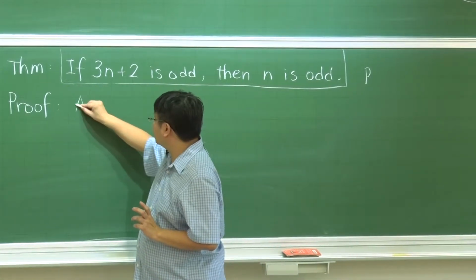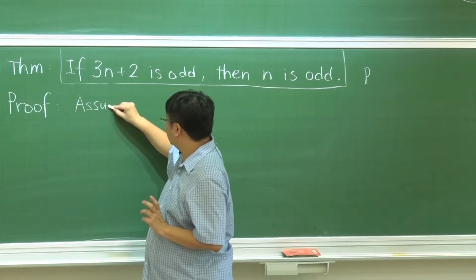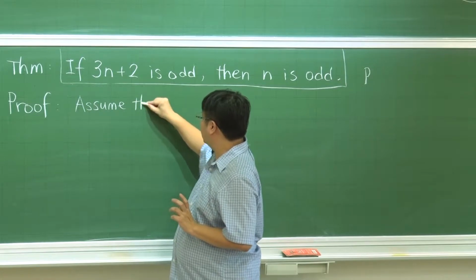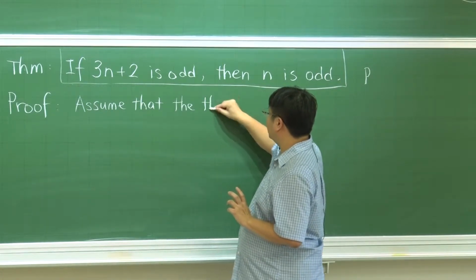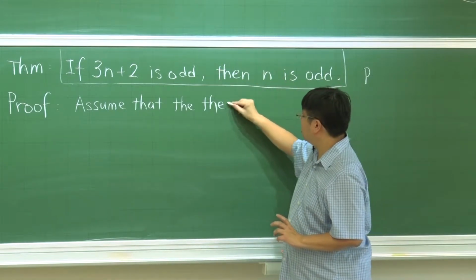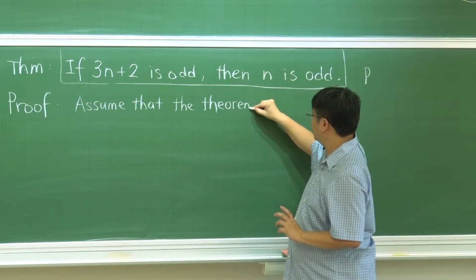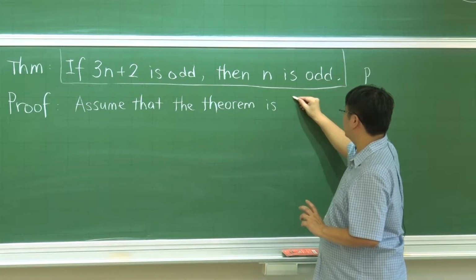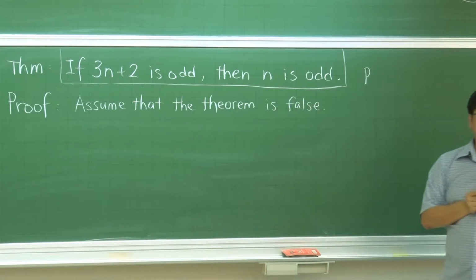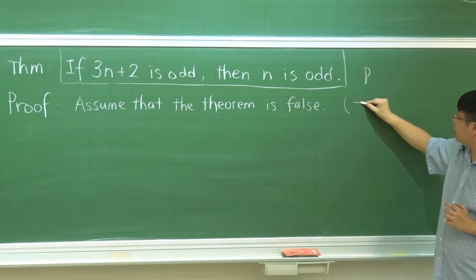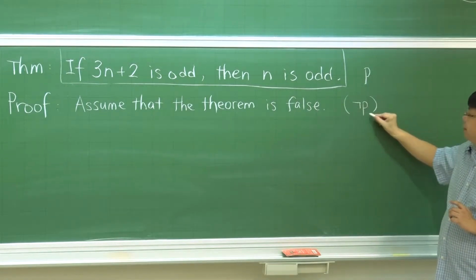So assume that the theorem, or this statement, is false. It is wrong. And what we shall do, since we are assuming that this is false, is start with not P.